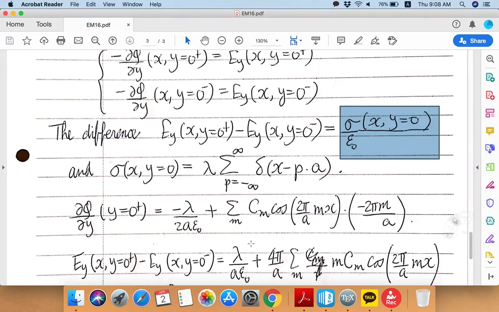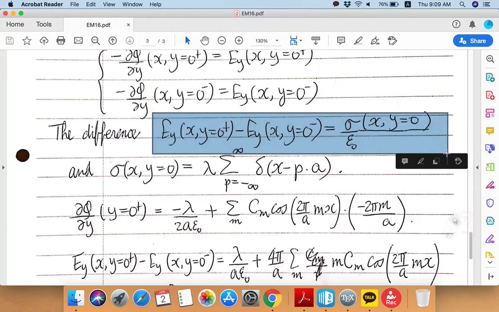But that's okay because that solution is still consistent with this boundary condition. So this statement here is just a generalization of this observation that we are already very well aware of in the case of a uniformly charged plate.